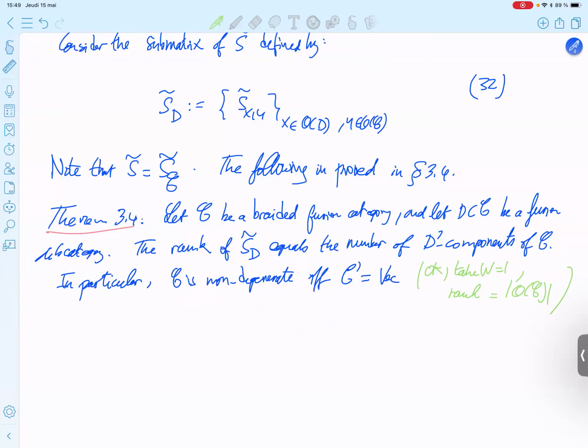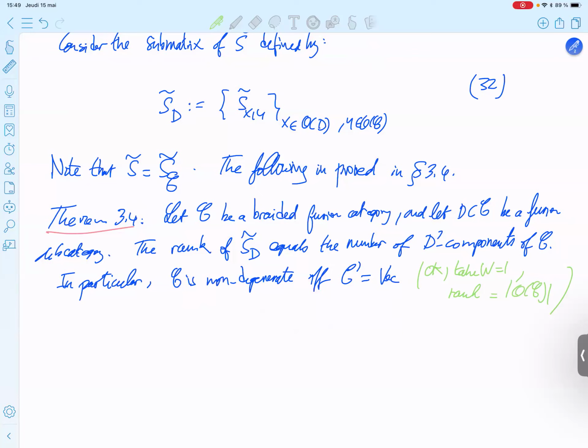What does it mean? Okay, so let me quickly come back before, otherwise, if I'm not able to explain the details now, I will leave it as an exercise.